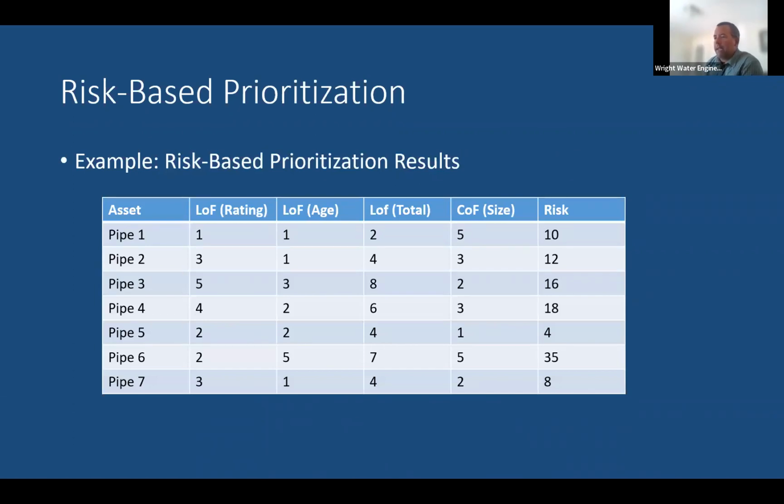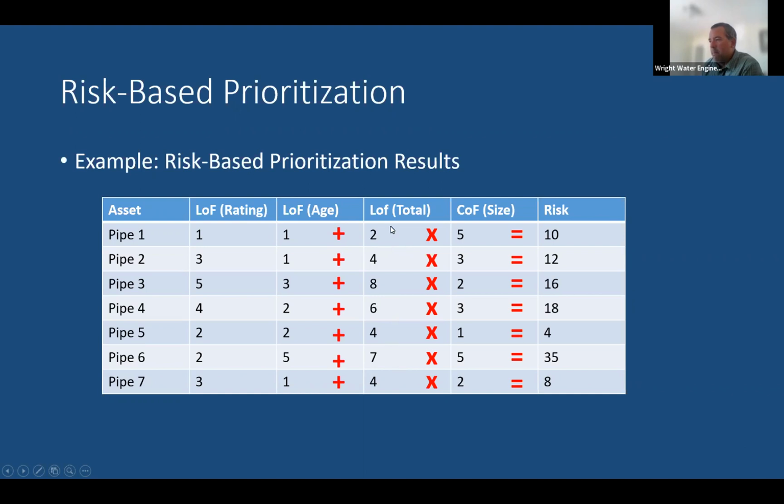And so for each of these, we will assign a rating score for the likelihood of failure. This could be based on the condition assessment work that was done. We may also have a likelihood of failure for age, for example. And then what we can do is add those 2 numbers up to get a likelihood of failure total in this column.